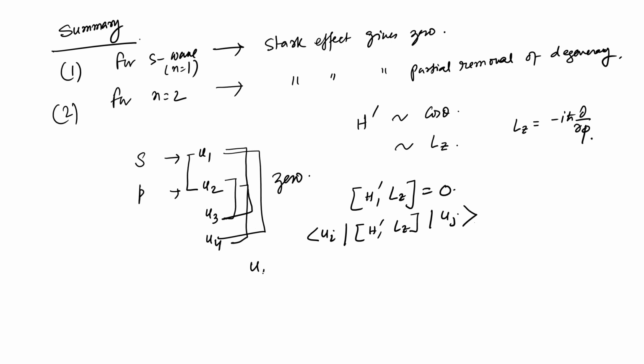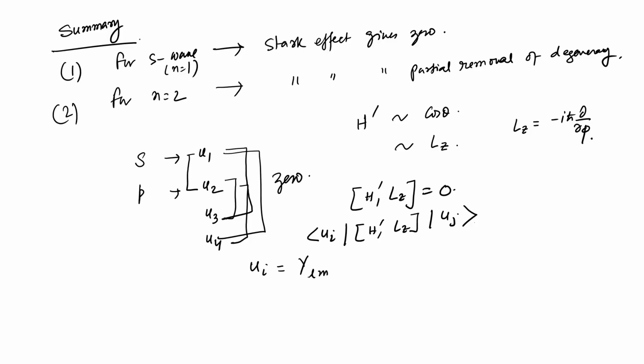So, let us say Ui is like Y L M, sorry, not ML. Sometimes because of the other quantum number J corresponding to the total angular momentum we use an mj, but that is not the case here. And then the other one is like Y L prime M prime.